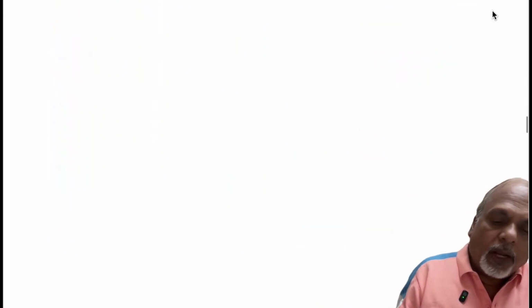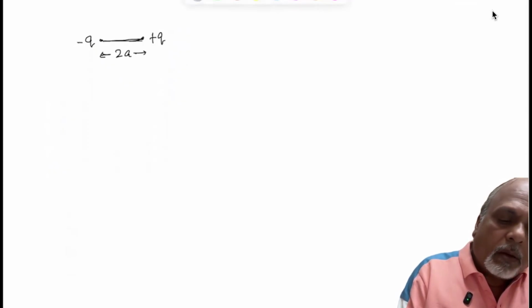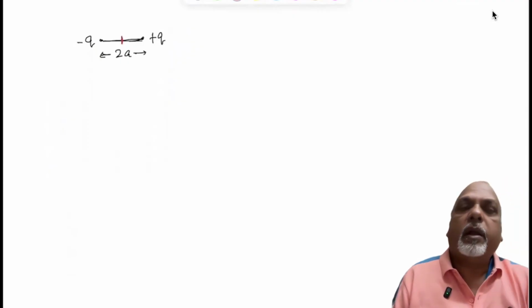So for axial electric field, suppose you have a dipole and it is separated by a distance 2a. And this is the midpoint of the dipole.